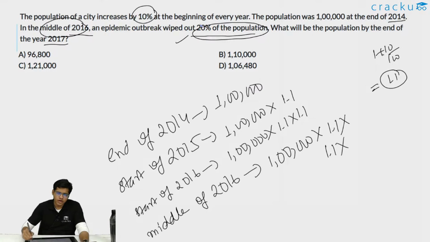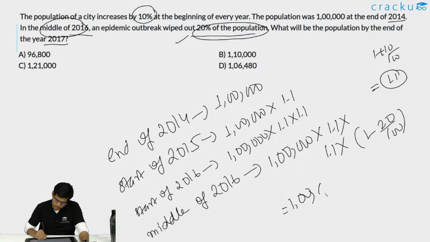It wiped out 20%, which means now the multiplying factor would be 1 minus 20 by 100. So it is 1 lakh into 1.1 into 1.1 into 0.8, right? 1 minus 20 by 100 is 0.8. So this is the middle of 2016.